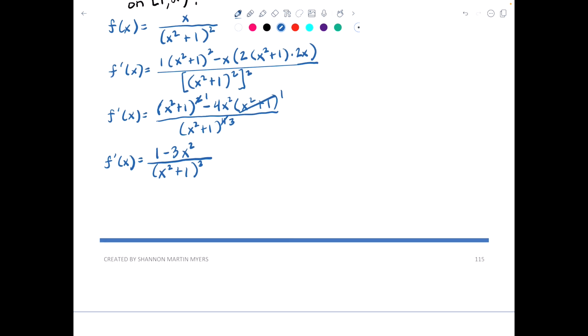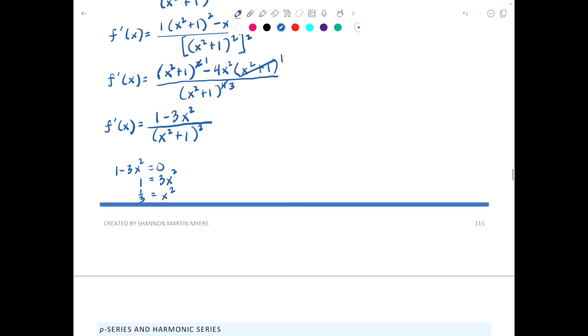And the numerator, let's see when that's going to be 0. 1 minus 3x squared equals 0, so 1 equals 3x squared, 1/3 equals x squared. So x is plus or minus the square root of 1/3, and we don't worry about the negative. The square root of 1/3 is smaller than 1.